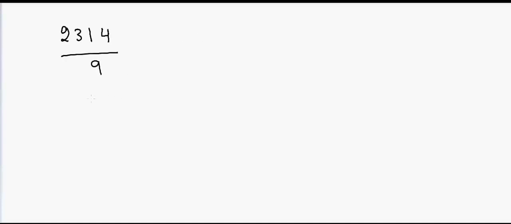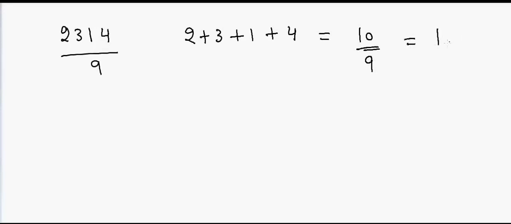In that case, we'll add all these four digits together. 2 plus 3 plus 1 plus 4 gives me 5, plus 1 is 6, plus 4 is 10. If you divide 10 by 9, you will get 1 as a remainder. So your remainder would be 1.